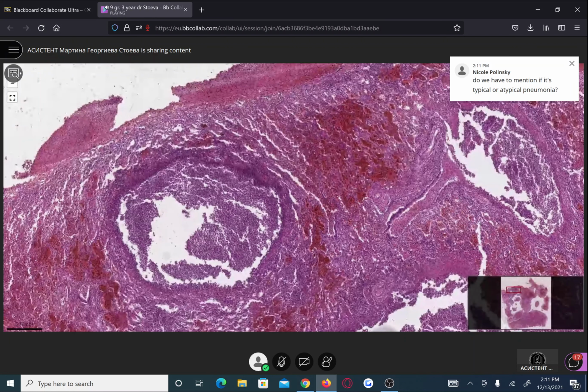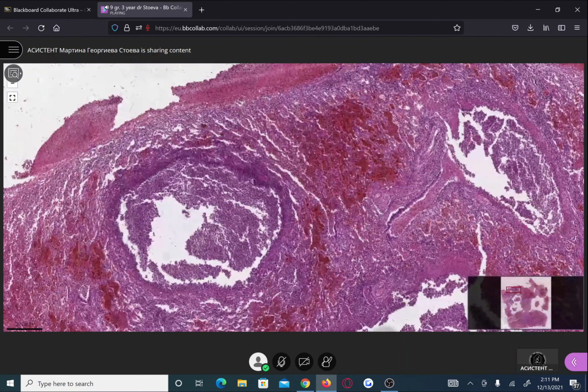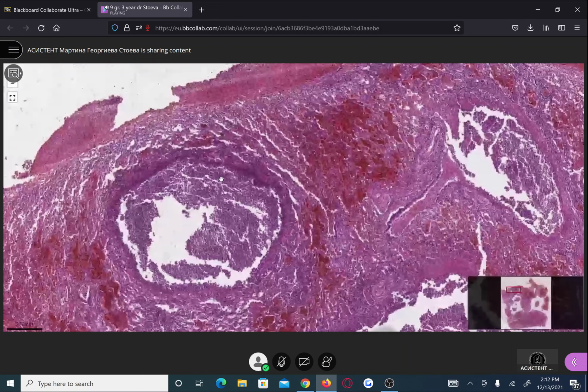This is a type of bronchopneumonia. Don't classify the pneumonia this way in this case, if it's typical or atypical. Just say that this is a bronchopneumonia with formation of abscesses.